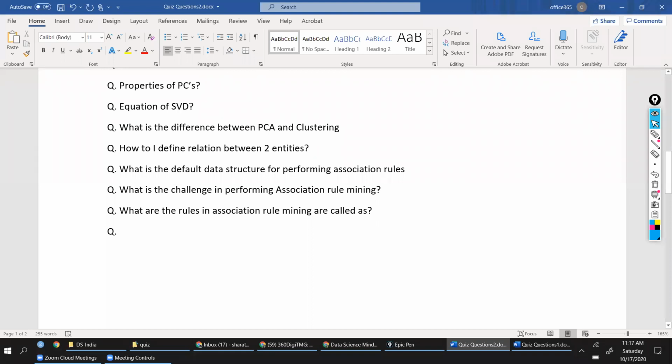These are called probabilistic if-then statements. Association rules are nothing but if and then statements. But we select only those rules which have high probability. Probabilistic if-then statements.